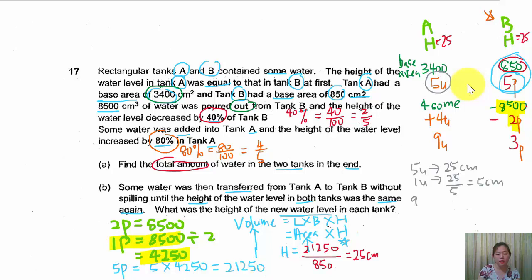And 9 units of tank A height is actually 9 times 5, which is equal to 45 cm.